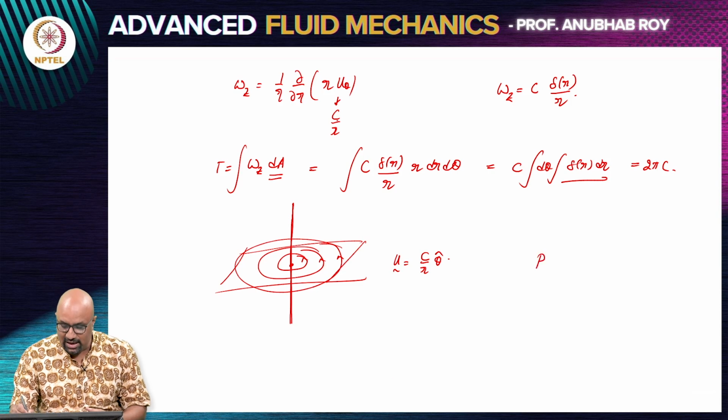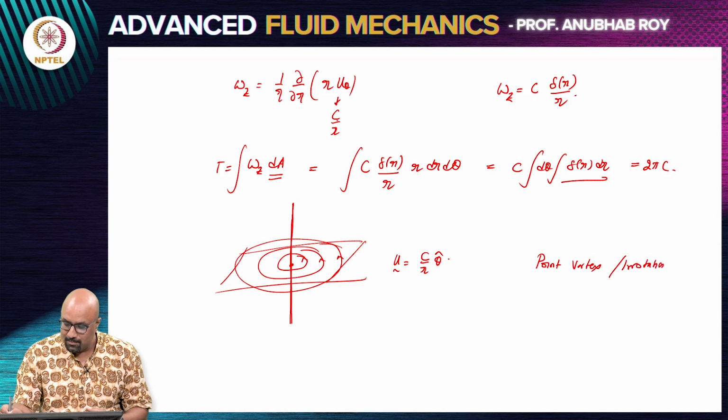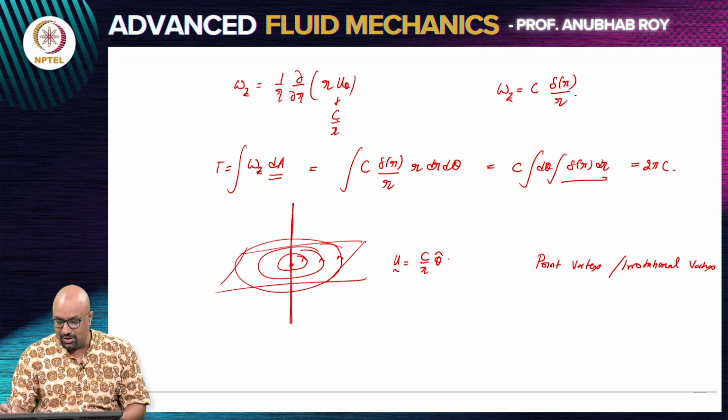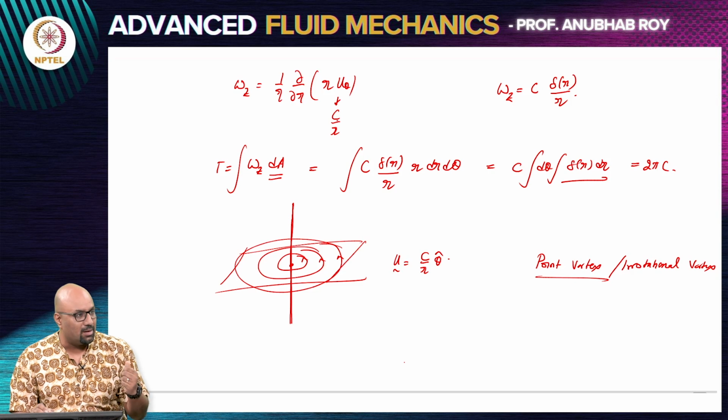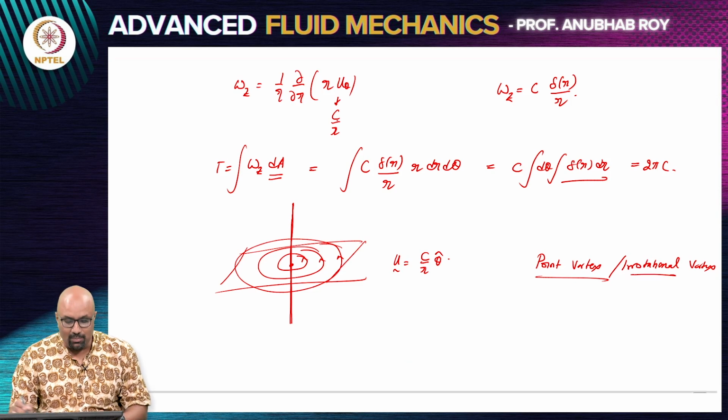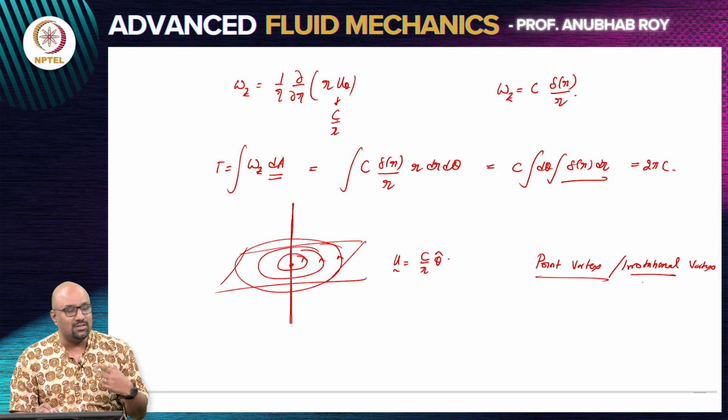There are various names for it: a point vortex, a line vortex, an irrotational vortex or a free vortex. Point vortex is probably self-explanatory, that it is defined at a particular point. Irrotational because it is 0 everywhere other than that one particular point. So, you have a location at which the vorticity is non-zero and infinitely large, which drives the flow.